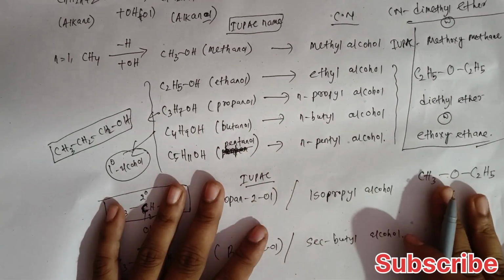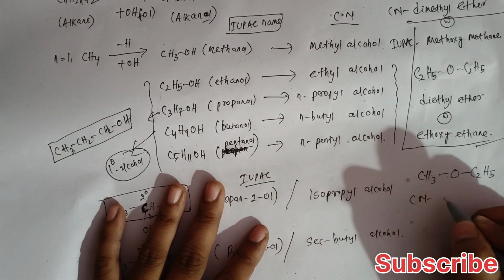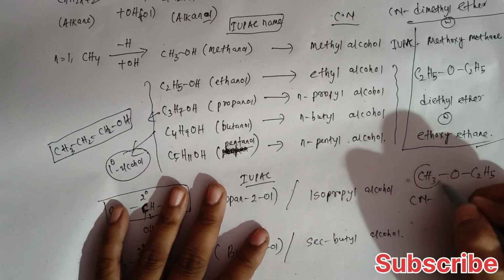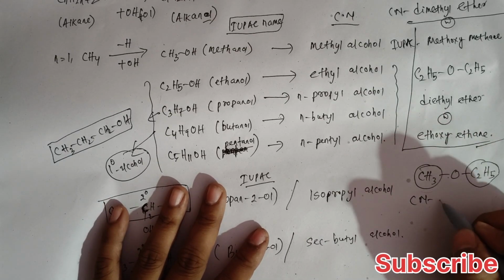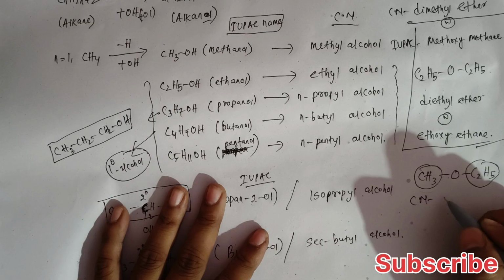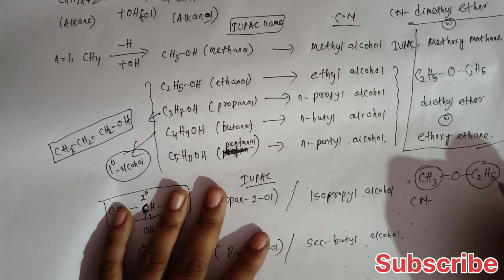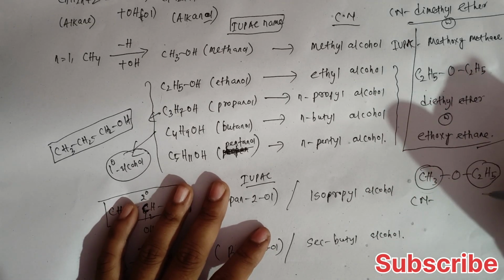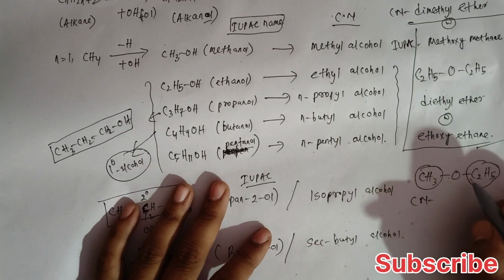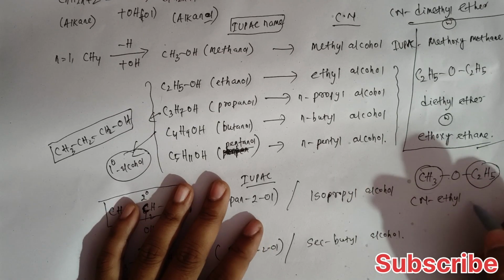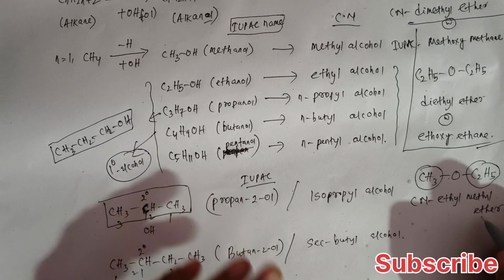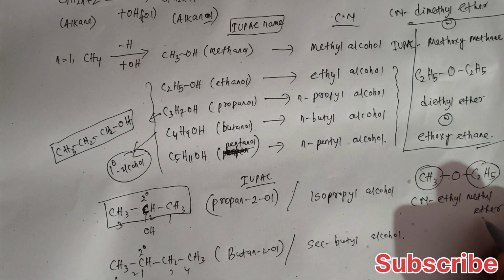So how can we write its common name? Common name is in alphabetical order. This is methyl and this is ethyl. So first comes ethyl, then methyl, then ether. Very simple. Clear? Ethyl methyl ether.